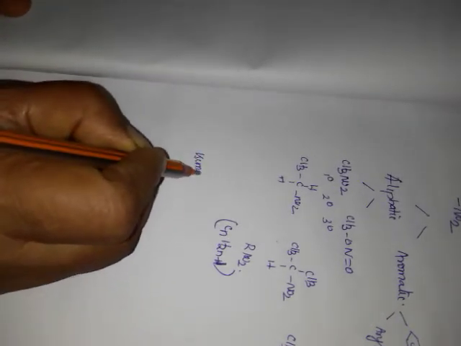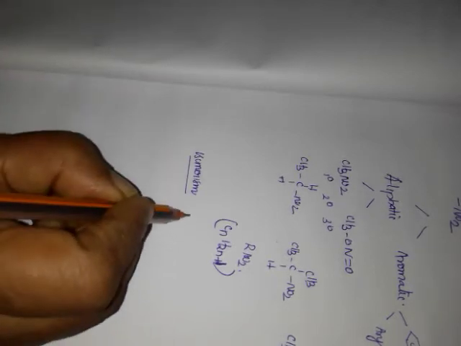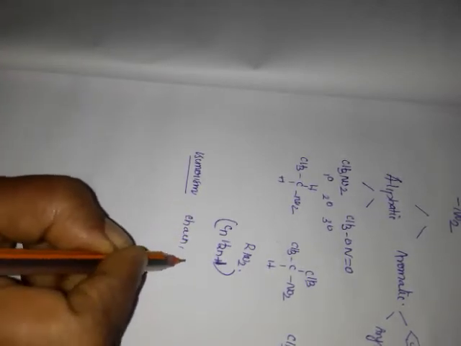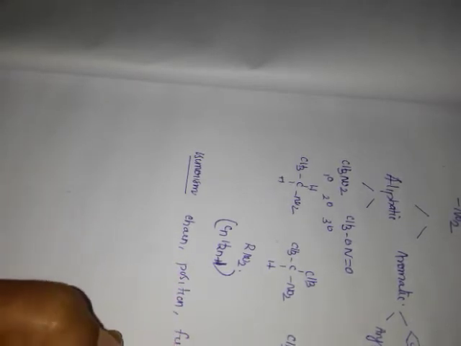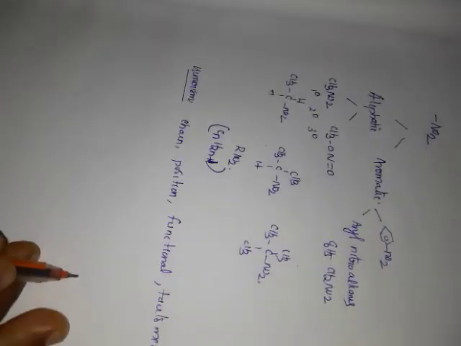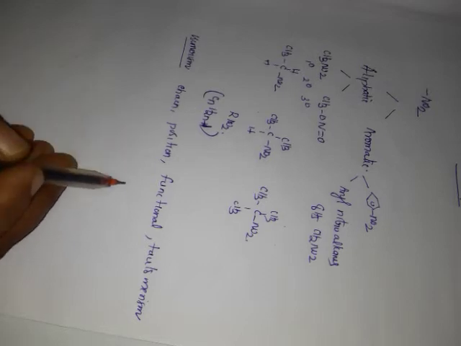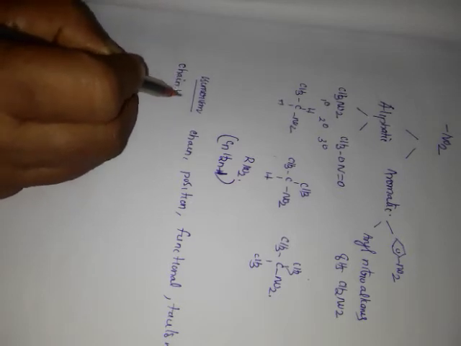Next we are going to see about isomerism. It is divided into four types: chain isomerism, position isomerism, functional isomerism, and a new isomerism called tautomerism. Now we are going to see chain isomerism.